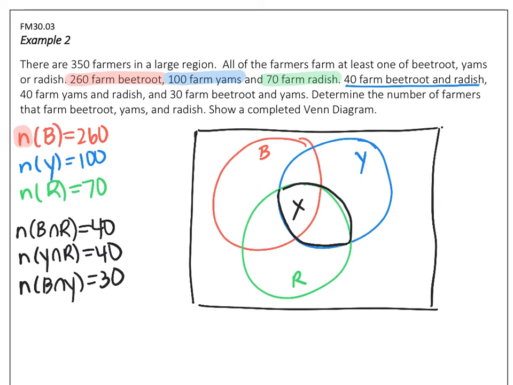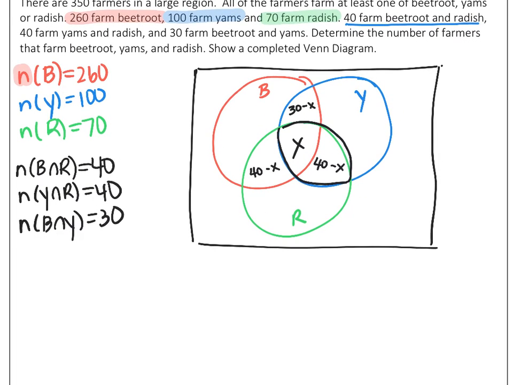So this little part right here would be 40 subtract x, right? And the beetroot and radish is 40 as well, so this would be 40 subtract x. And then the beetroot and yam would be 30 subtract x, okay? But when we go to put this into our formula, it comes out to be actually a little bit nicer.